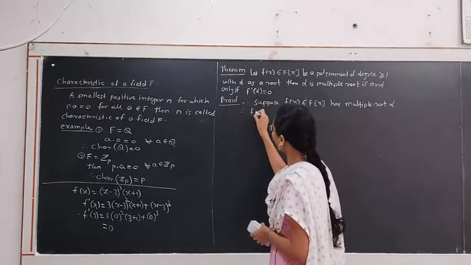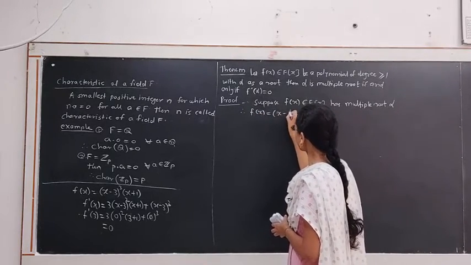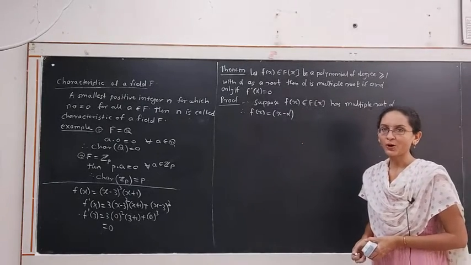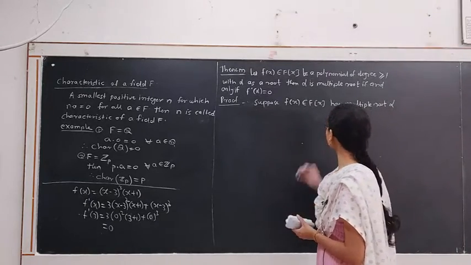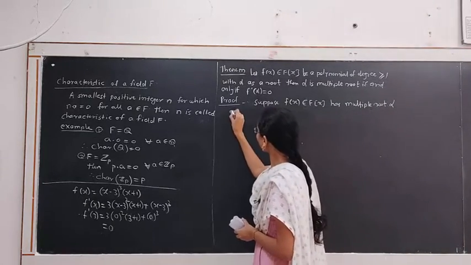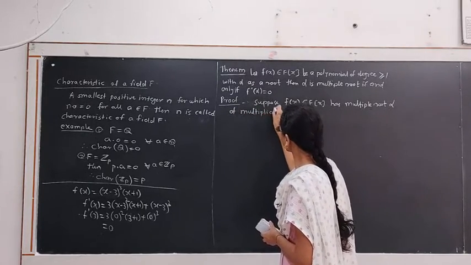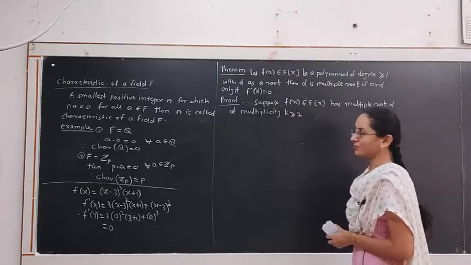Therefore, f(x) is equal to (x minus alpha), as alpha is the root of the polynomial, which is a multiple root. Suppose alpha has multiplicity k greater than or equal to 2.